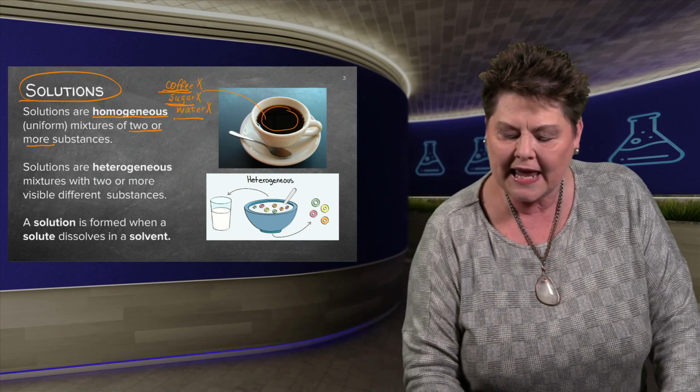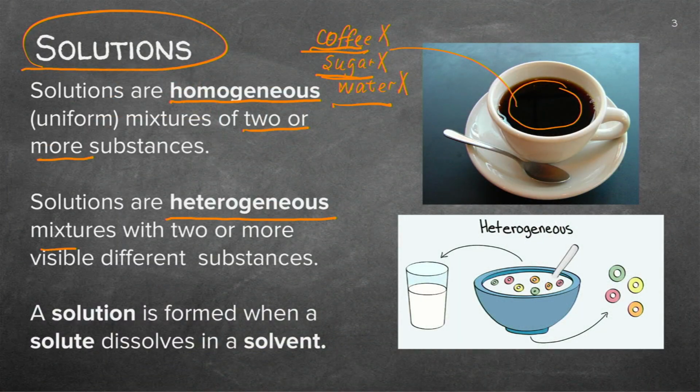Where I've got a heterogeneous mixture, I actually have two or more substances, but it's visibly different. So if you have your cornflakes or anything that you add into, for instance, milk, you can actually identify the pieces of the cornflake in there.